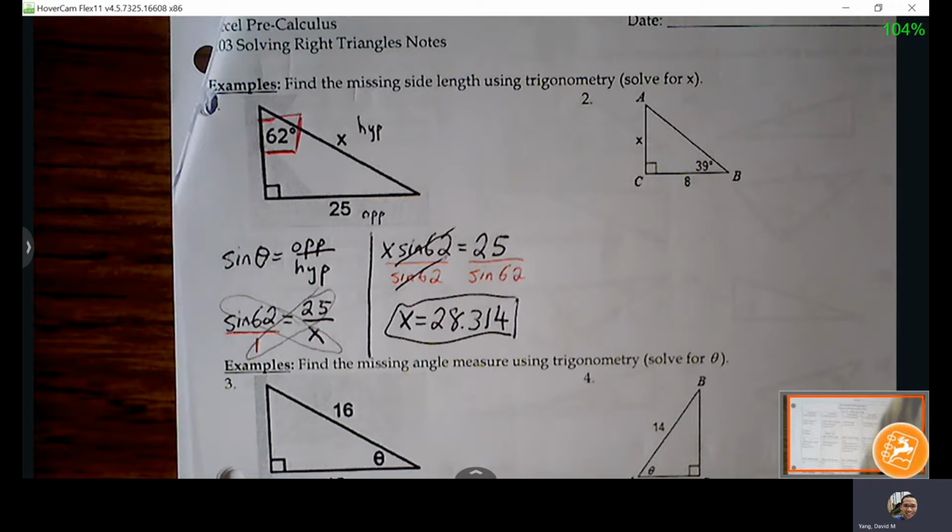If it's a test or a quiz, I'll specify clearly what decimal place to present it in. Sometimes in your assignments, you may see 2 decimal places or 3 decimal places. But right now, let's just go for 3 decimal places.